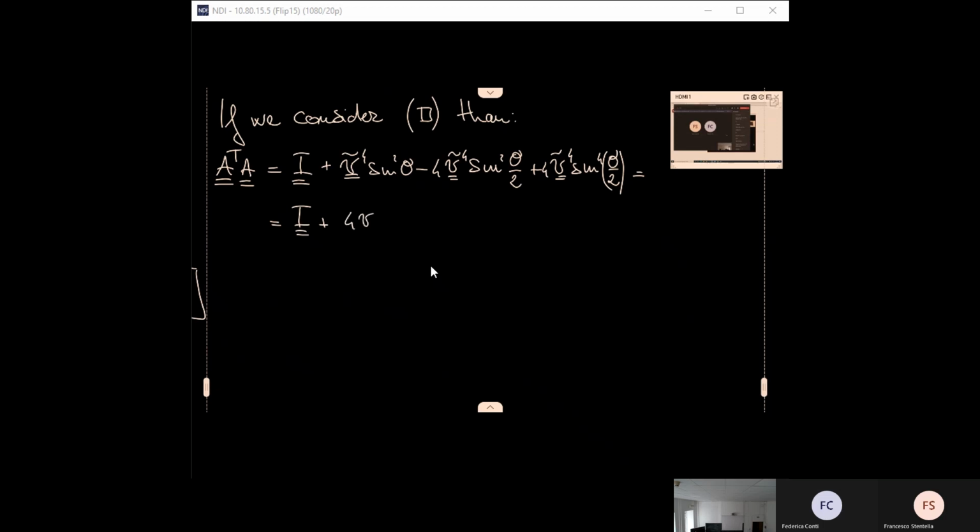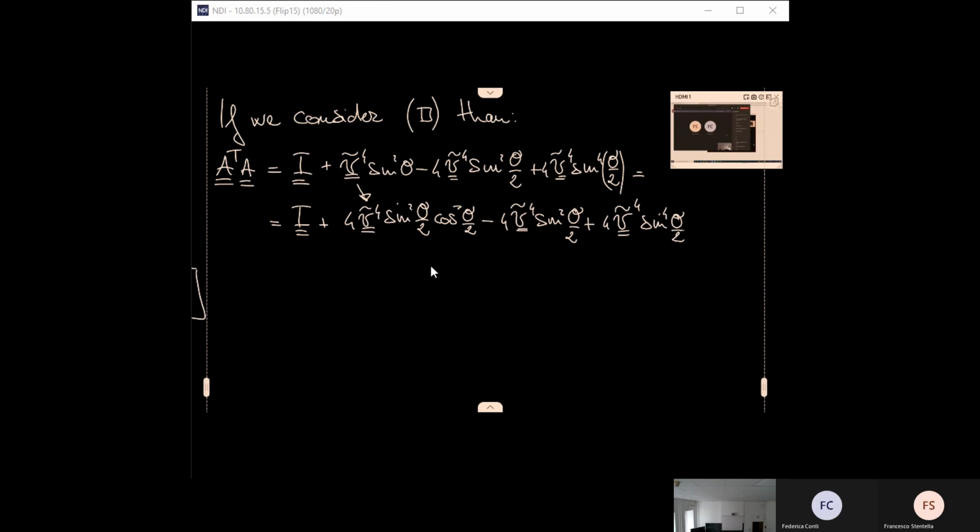For V squared, this is what I'm writing here: sine squared of theta divided by 2 times cosine squared of theta divided by 2, minus 4 V to the 4th. So this is what we already had, theta divided by 2, plus 4 V to the 4th sine to the 4th of theta divided by 2.